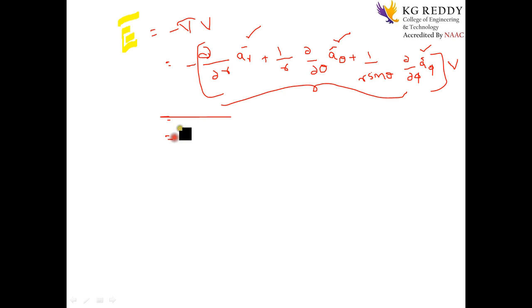Now how can we multiply the voltage V with this del operator? Whenever you multiply a scalar with any vector or any del operator, you can directly multiply.